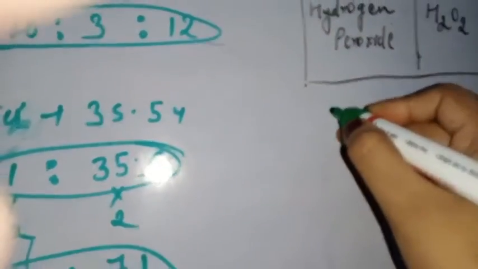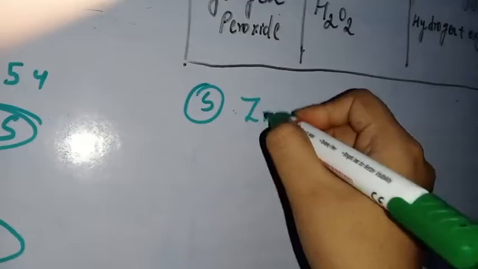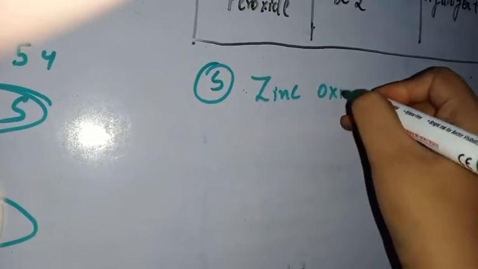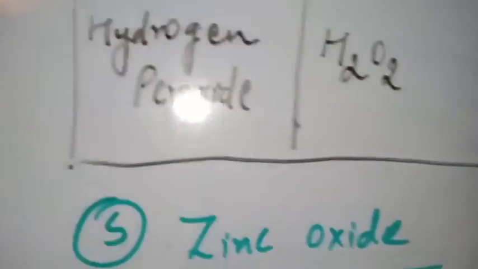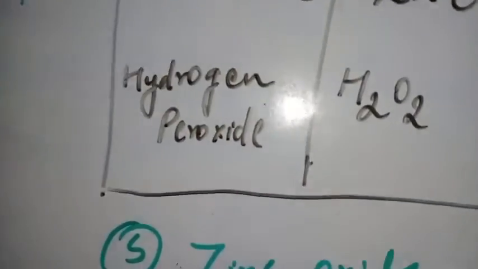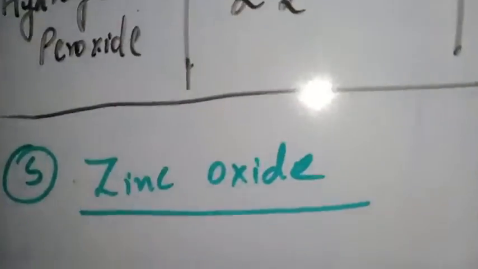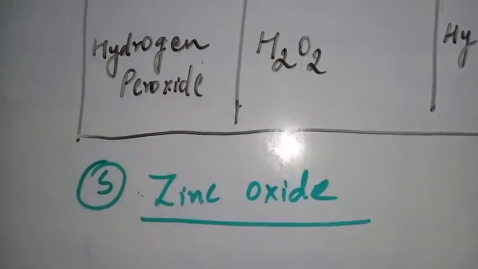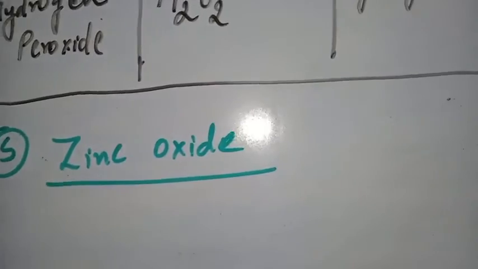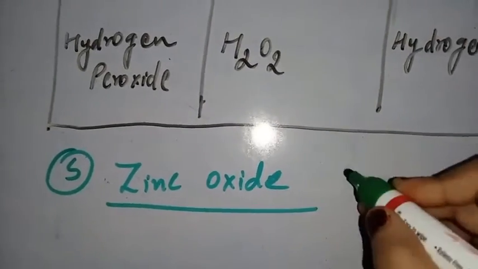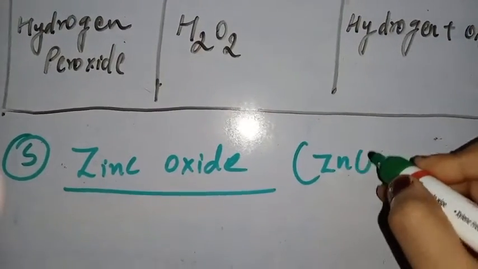Okay, the fifth one was zinc oxide. Be careful with the atomic masses. You should mug up all the atomic masses of the elements up to atomic number 30. So zinc oxide formula is ZnO.